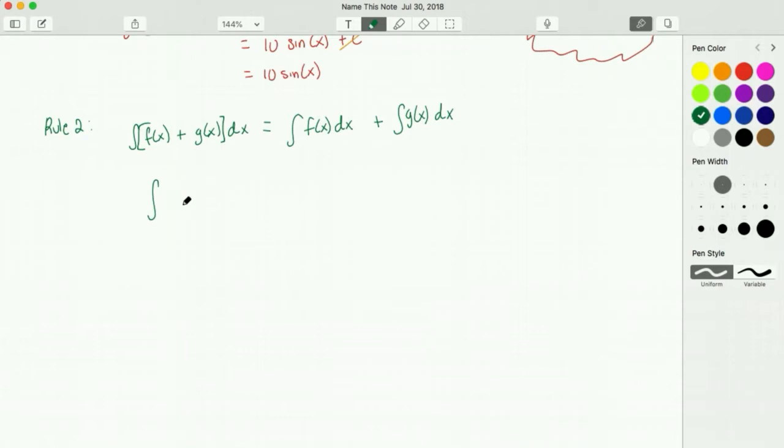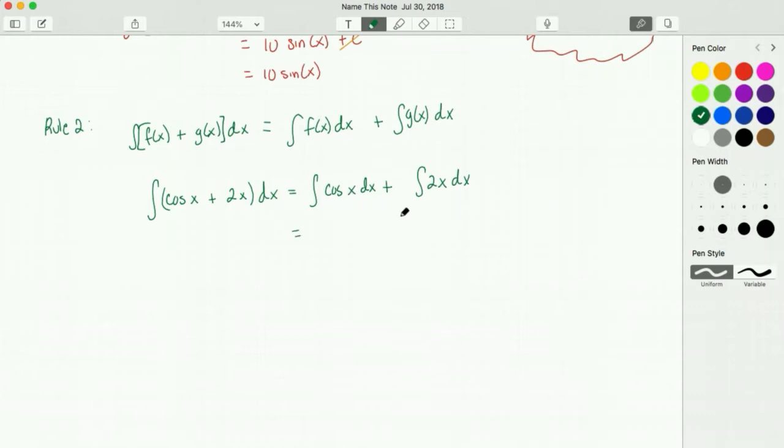For example, if we're looking at the integral of cosine x plus 2x with respect to x, we can simplify this to the integral of cosine x dx plus the integral of 2x dx.